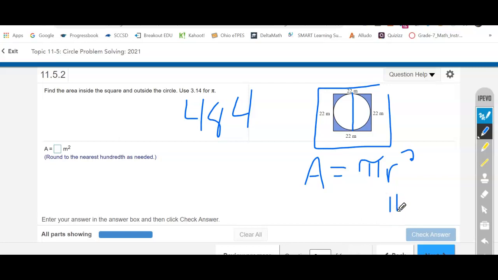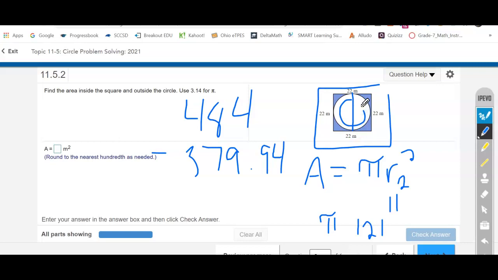So we're going to go 11 squared, which is 11 times 11. That's 121 times pi. So 121 times 3.14. That gives me 379.94. Now that's the circle.